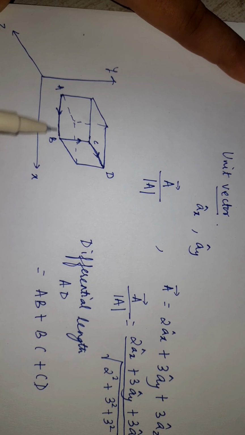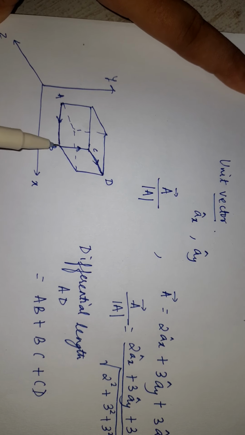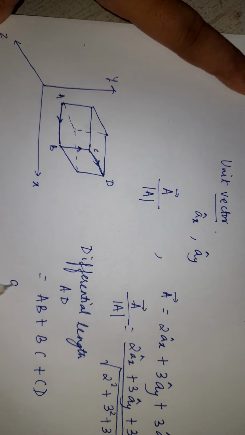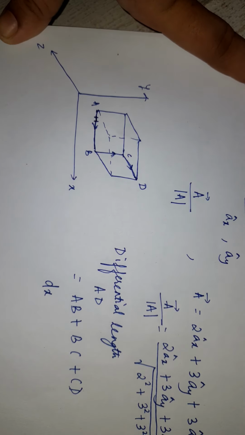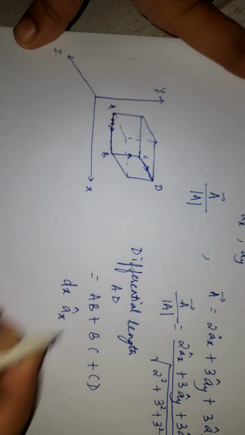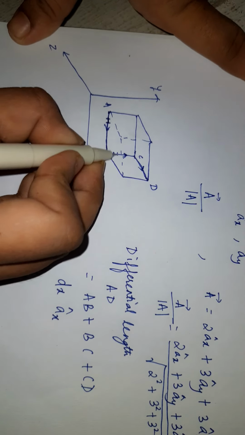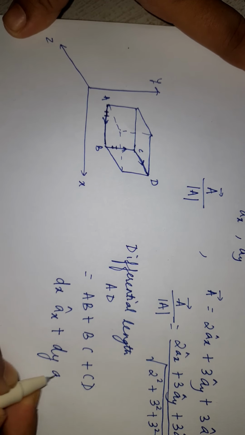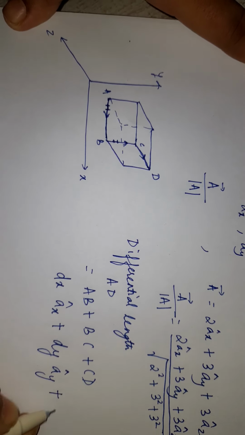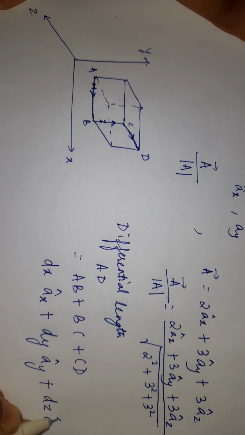You can tell that this AB distance is the smaller section of the distance, dx in the ax cap direction. A smaller section of this BC is dy ay cap. Similarly for CD.